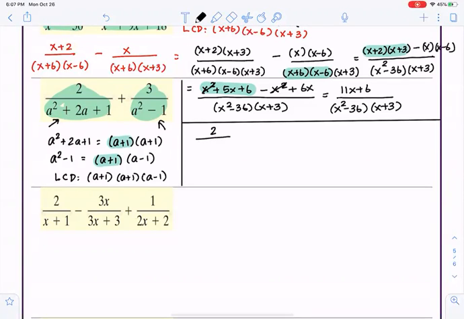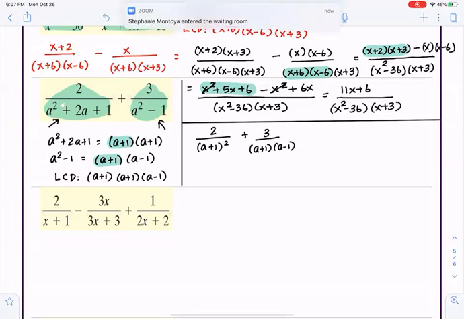I could rewrite the first fraction as 2 divided by a plus 1 squared, and the second expression as 3 divided by a plus 1 times a minus 1. So our common denominator is a plus 1 squared multiplied by a minus 1.